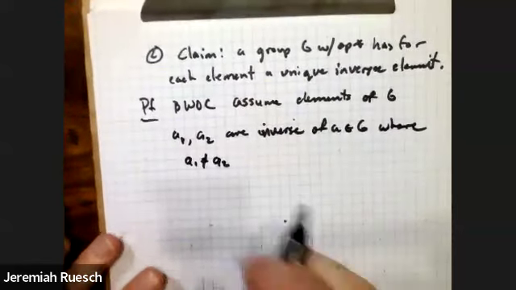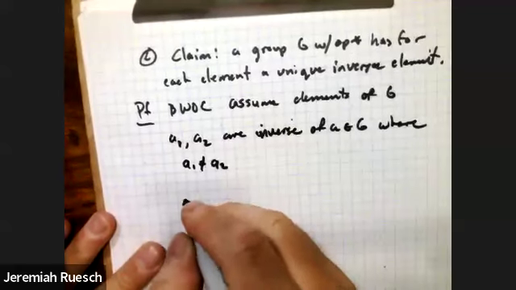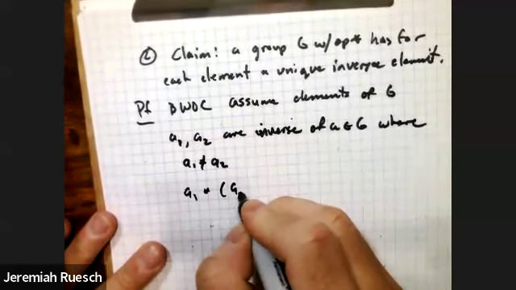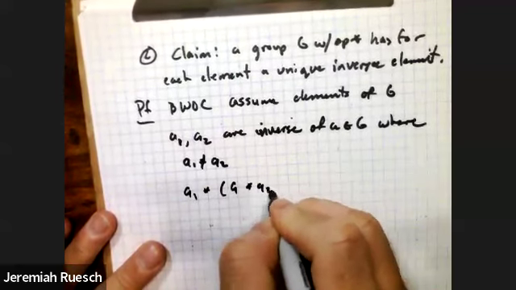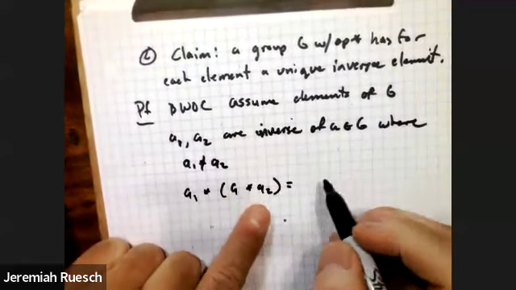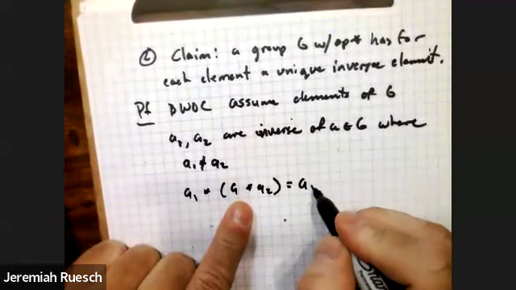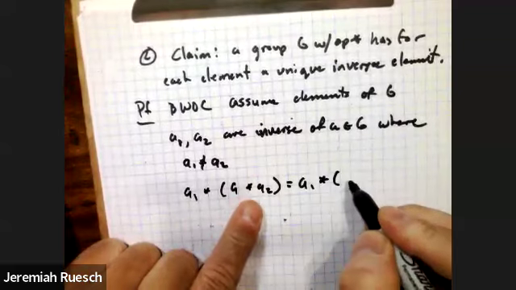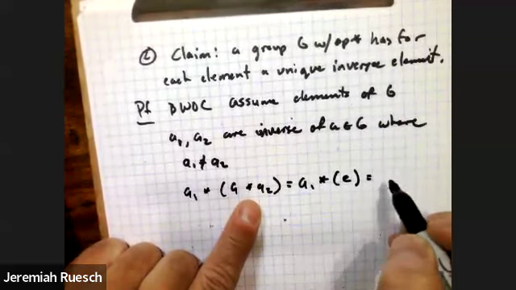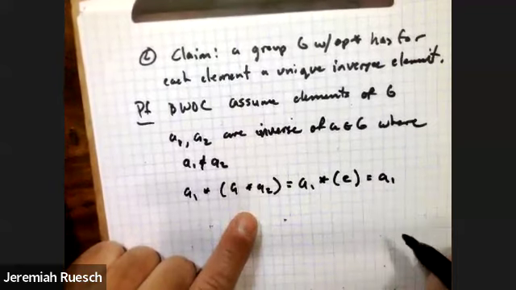Okay, so what can we do with that? Well, in a similar fashion to the previous one, if we look at a1 acting on a a2, since a2 is an inverse of a, then a acting on a2 should give us the identity element, which would then give us a1.